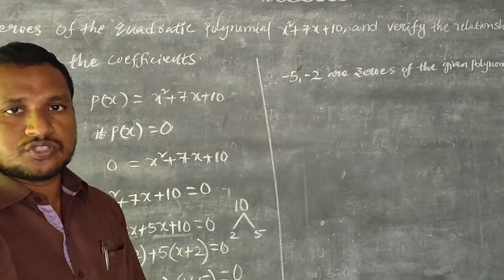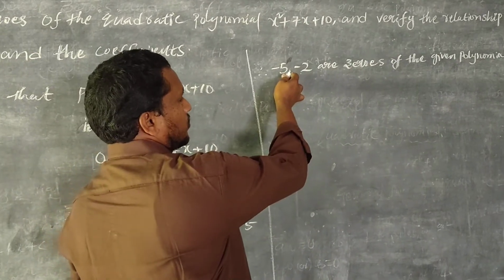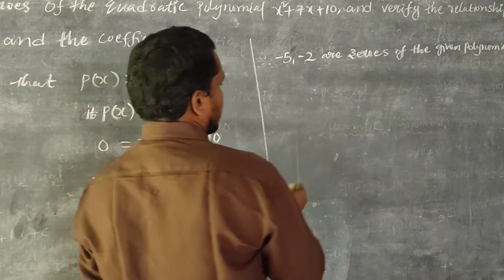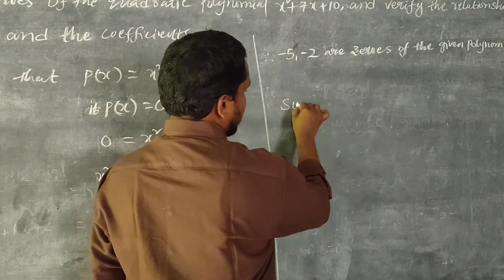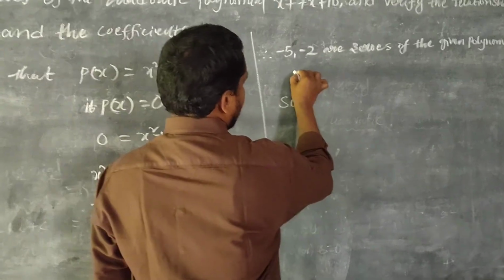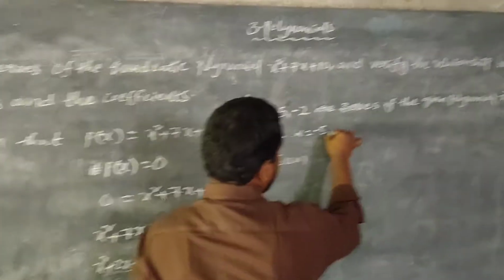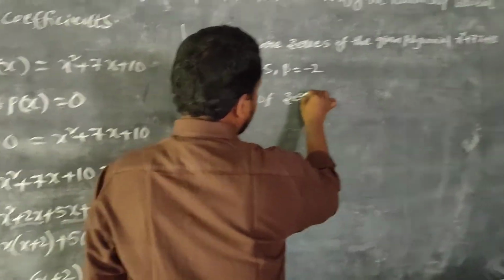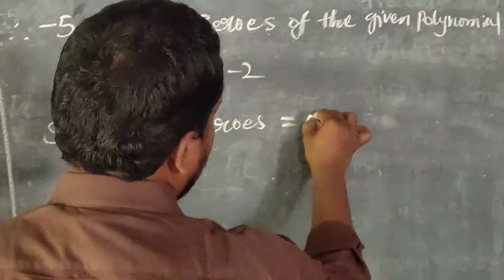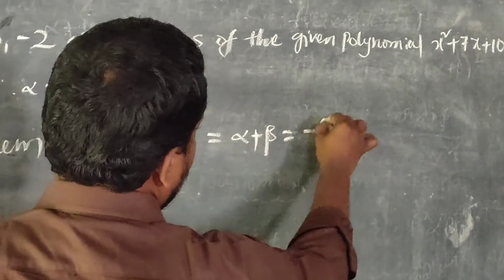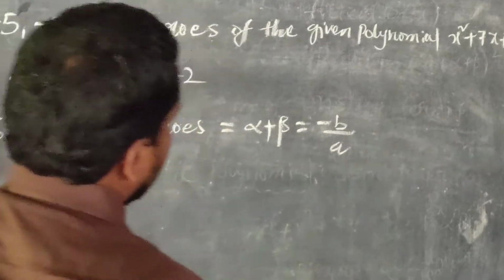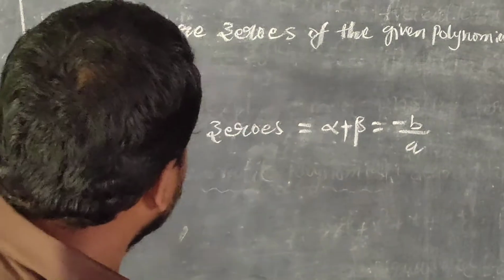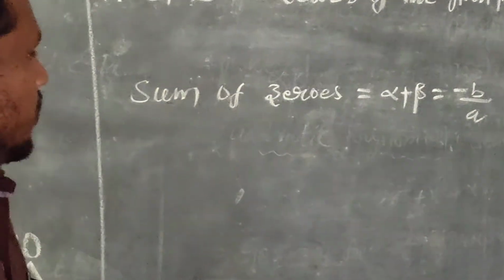Now we have already found the zeros. Here alpha is equal to minus 5 and beta is equal to minus 2. First, the sum of the zeros.